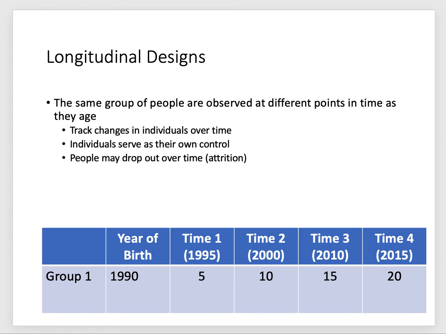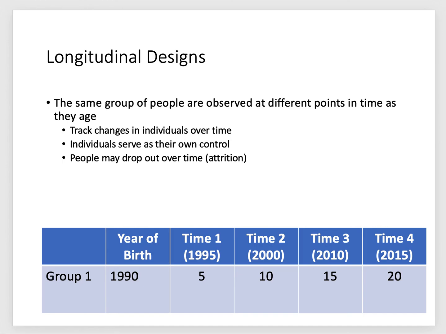Everybody is 5 in the same year. We don't really have to worry about generational effects interfering with the data that we collect or our interpretation. We also can have individuals serving as their own baseline or their own control. Like I mentioned in some of those experimental designs, this is ideal.